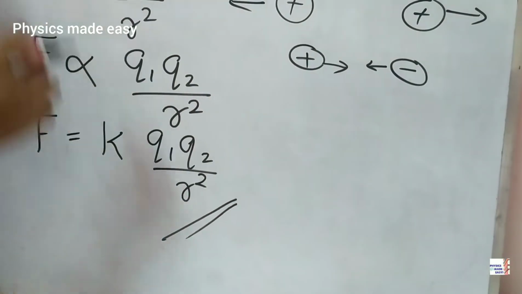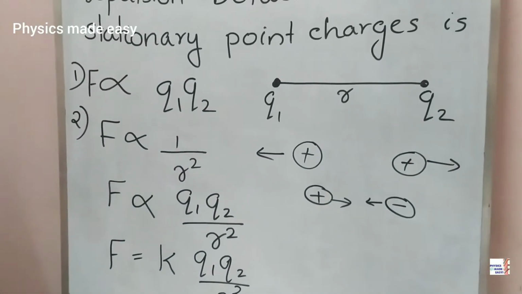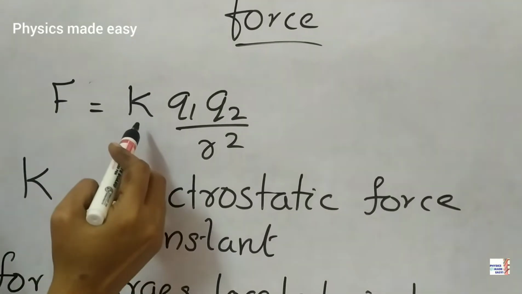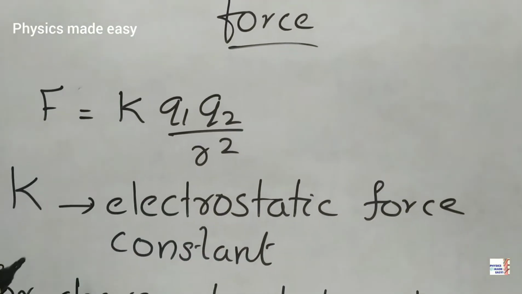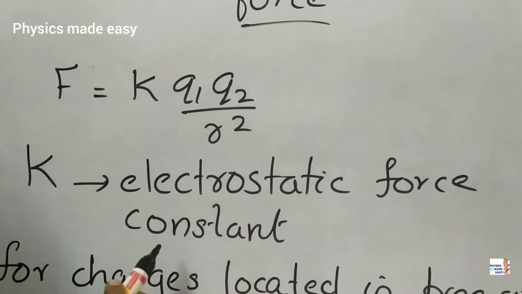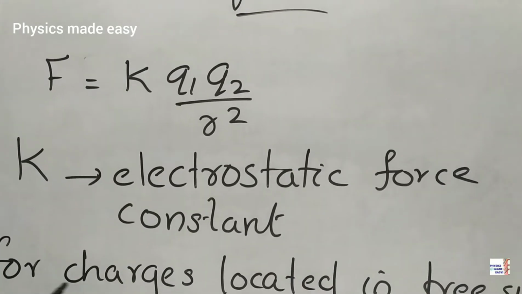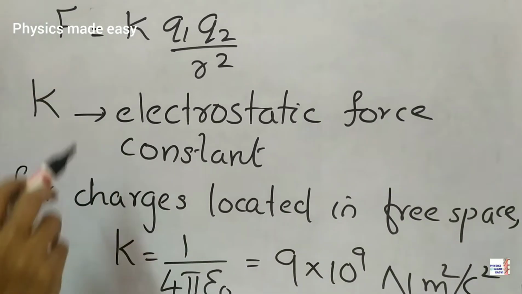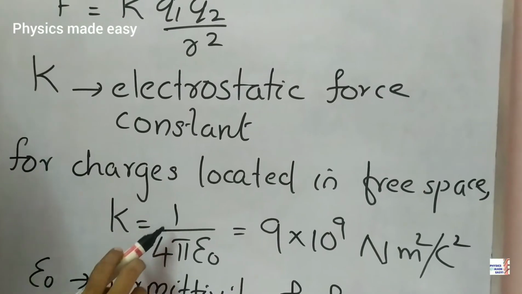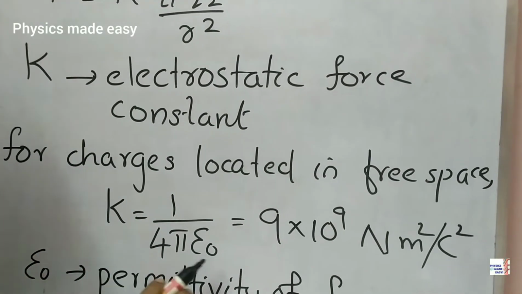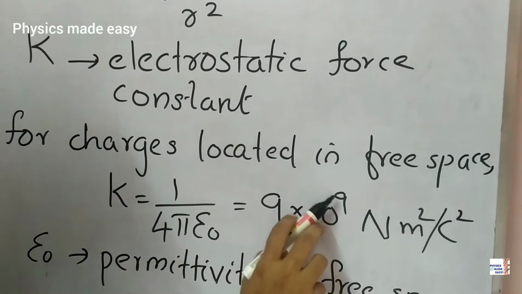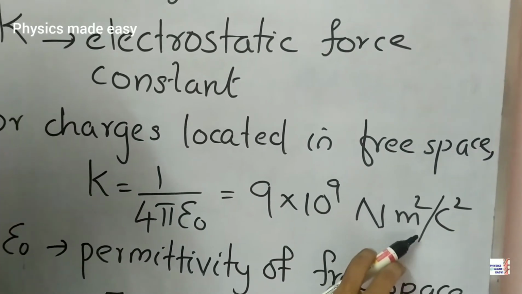This is the expression for Coulomb's law. Now this proportionality constant K is known as the electrostatic force constant. For charges located in free space, we can write K as 1 by 4 pi epsilon 0. Its value is 9 into 10 raised to 9 Newton meter square per Coulomb square.